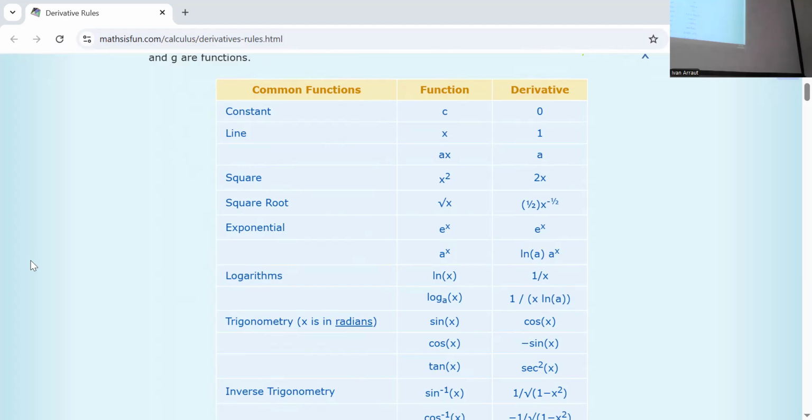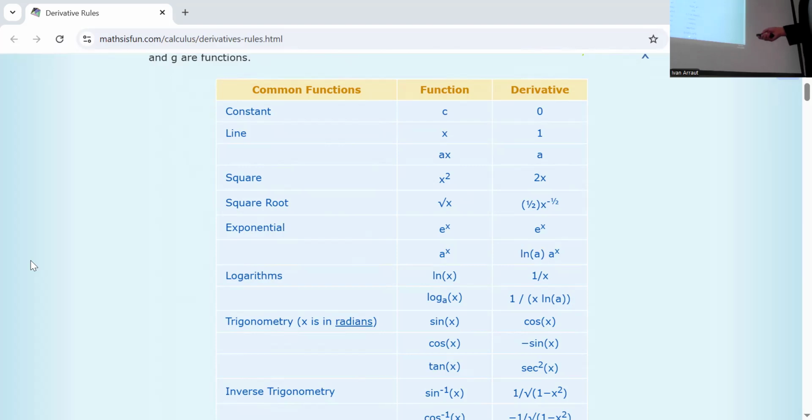So this will give you 1/2 x to the minus 1/2 in the denominator. So it means this. And how do you know that? Because 1/2 minus 1 is minus 1/2. But when you have a negative exponent, you have to put it in the denominator. So that's why you obtain this rule.